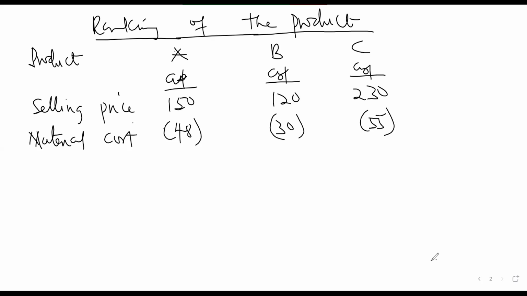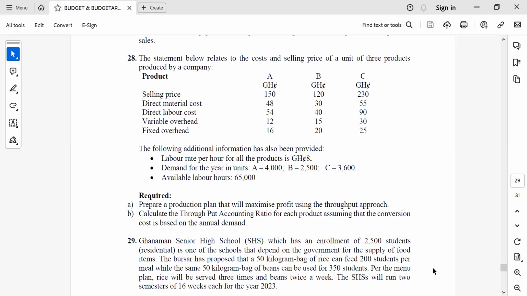Assuming we are doing limiting factor, we would bring all the other variable costs, direct labor, direct variable overhead, but we are not doing limiting factor. We are doing throughput, and in throughput only the material cost is variable.